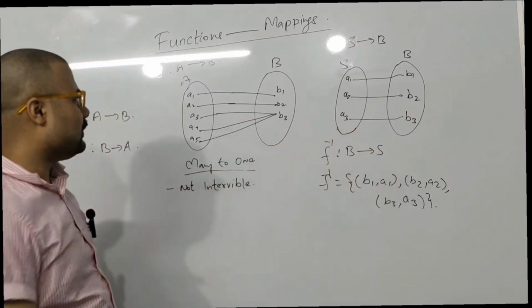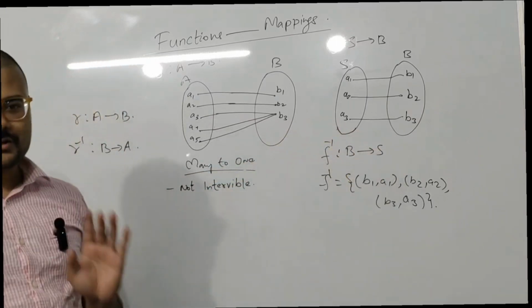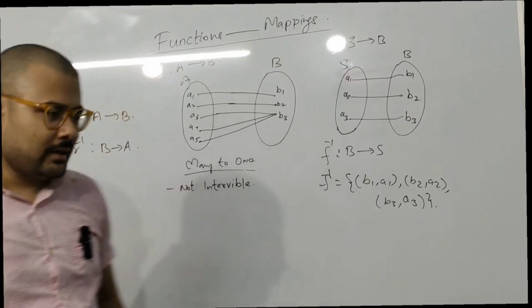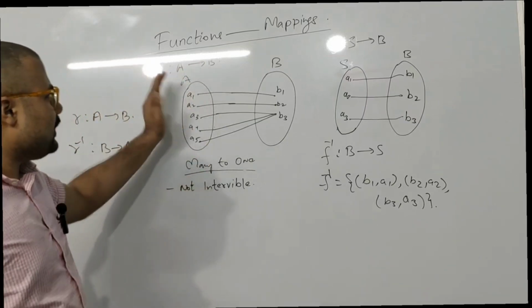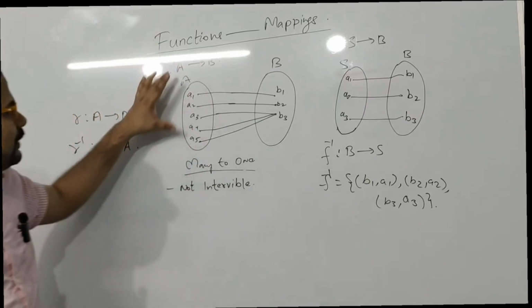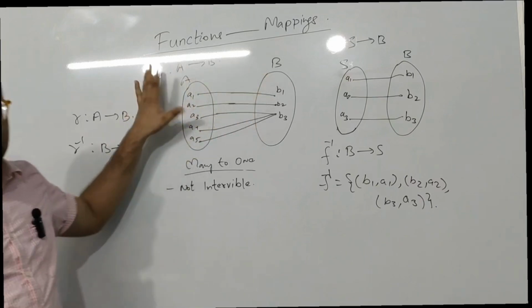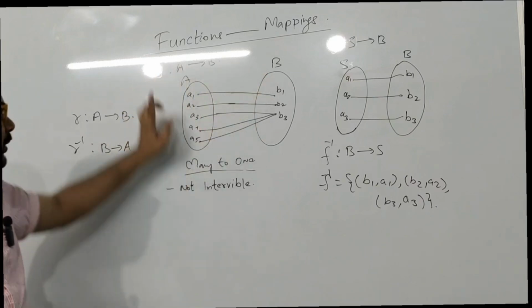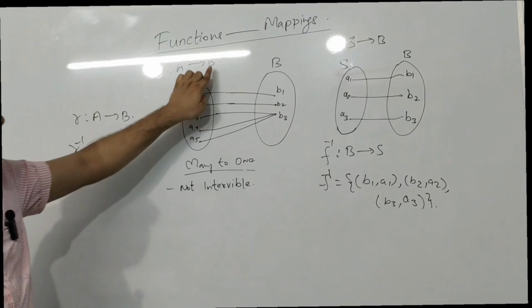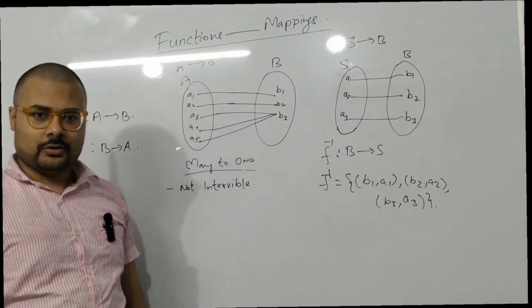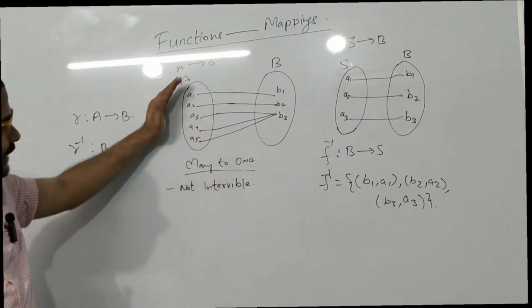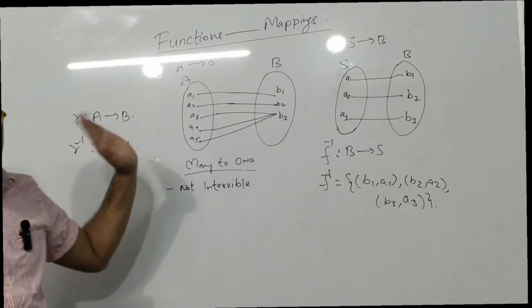What is an onto function? So far you know what is many to one, what is one to one. Now let me tell you that a rule is from set A to set B. F is a mapping from set A to set B. Set A is called domain, set B is called codomain. From set A, each and every element is uniquely mapped in a function.